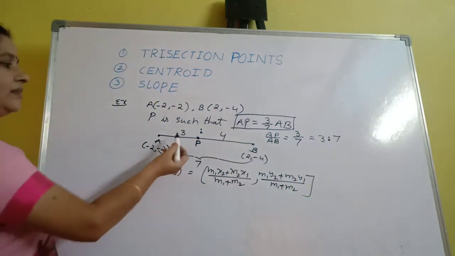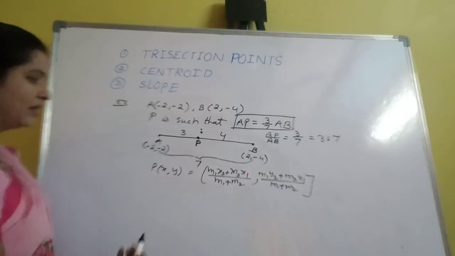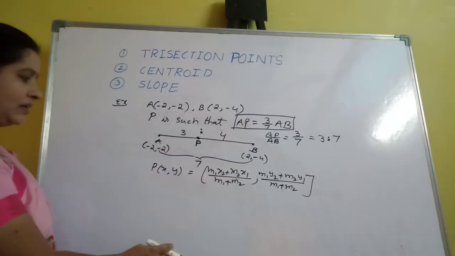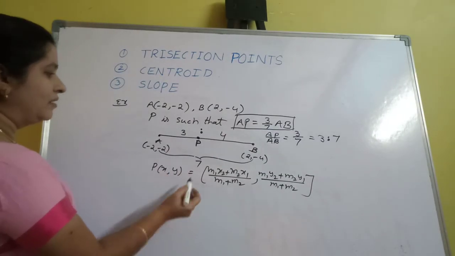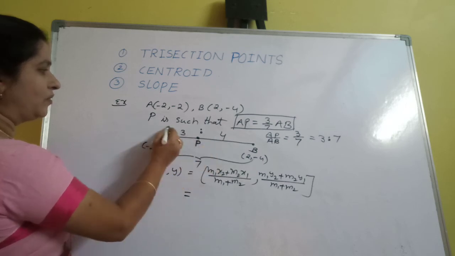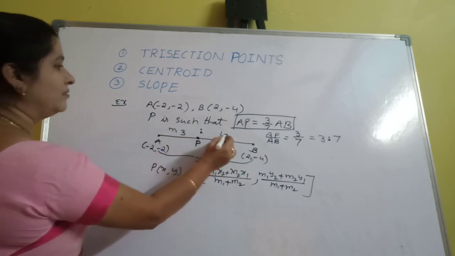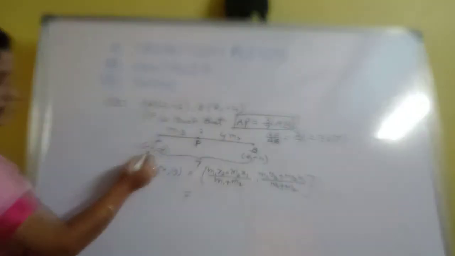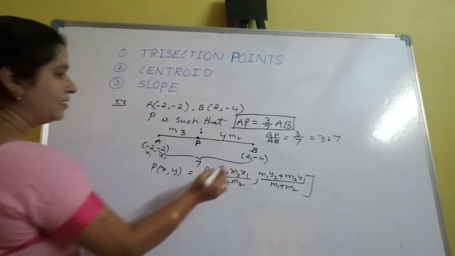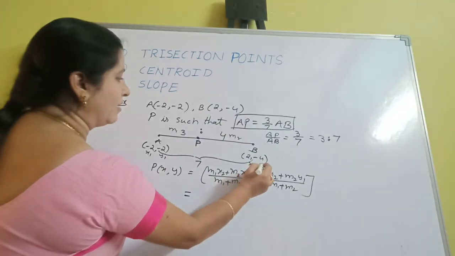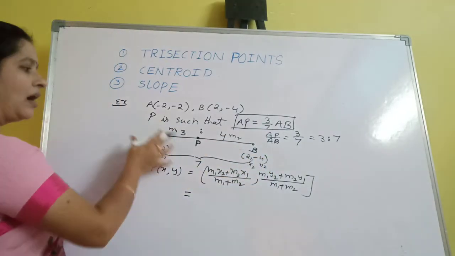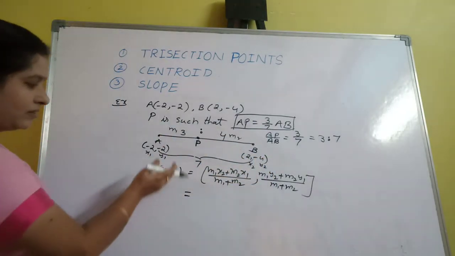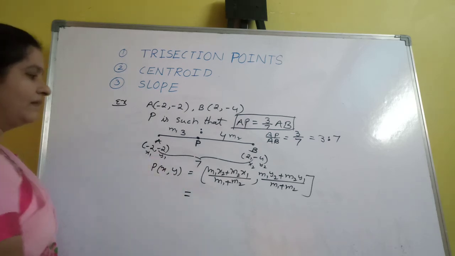If you once find the ratio, you can easily solve the question. So P(x, y), m1 is to m2 is 3:4, with x1, y1 and x2, y2. Substitute all the values in this formula and you get the P(x, y) value.